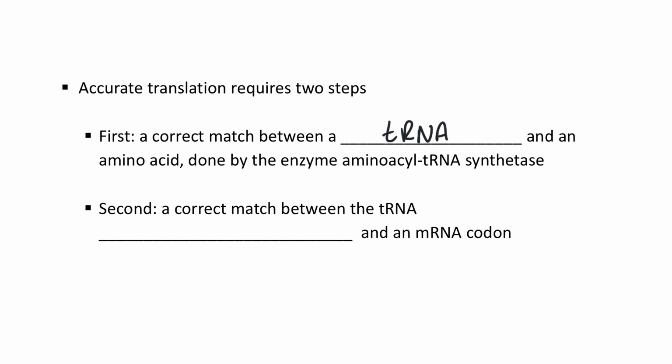But first, again, that tRNA has to bind to the correct amino acid, and this is done by an enzyme called aminoacyl tRNA synthetase. The second thing that has to happen is there has to be a correct match between the tRNA anticodon and an mRNA codon so that that amino acid gets placed where it needs to.